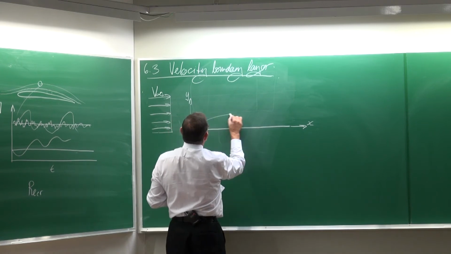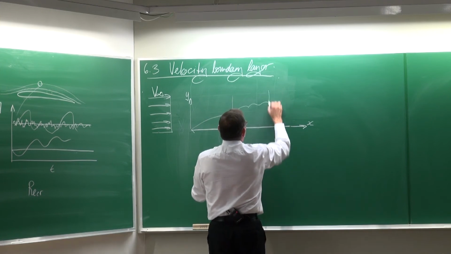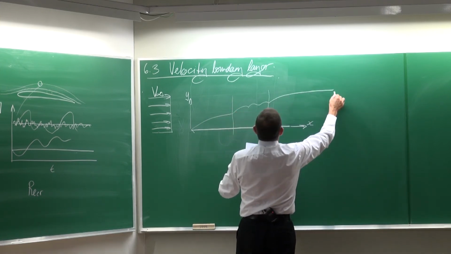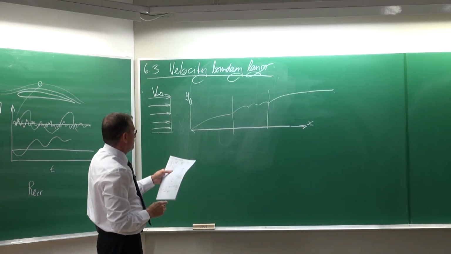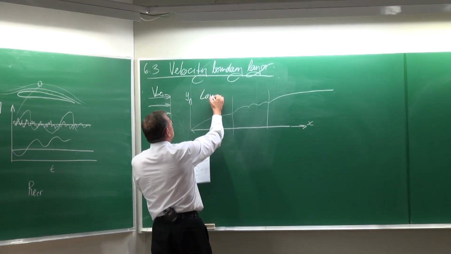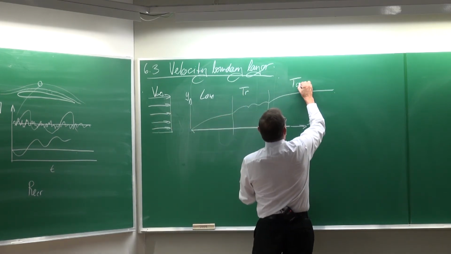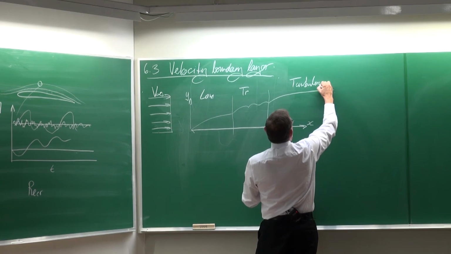It therefore means that we've got a boundary layer which is going to develop like this, something like that, 3 different parts. The first part we're going to call the laminar boundary layer, then the transitional boundary layer and the turbulent boundary layer.